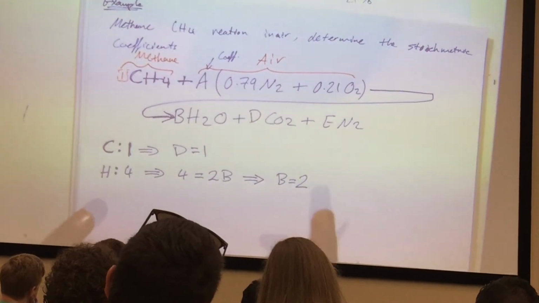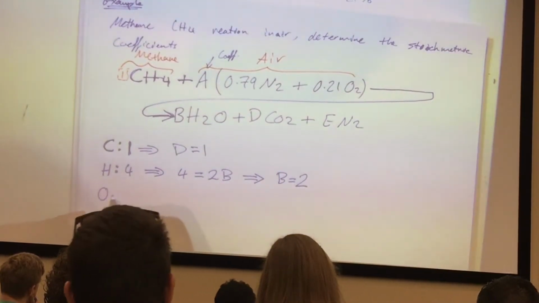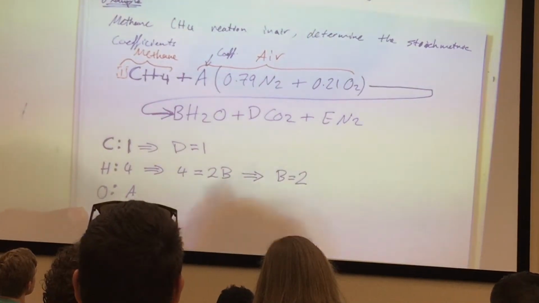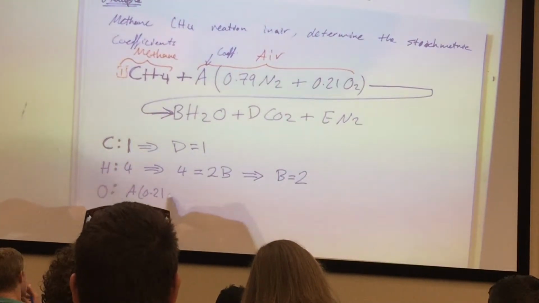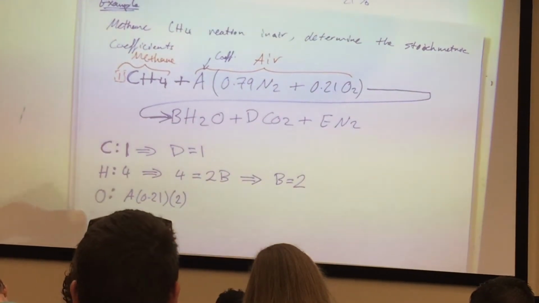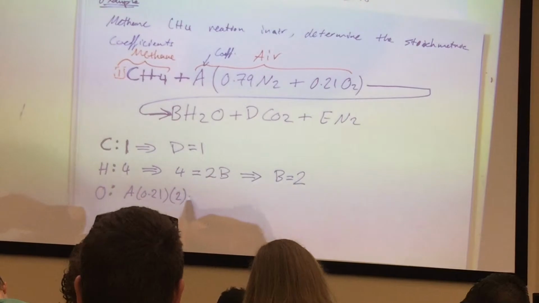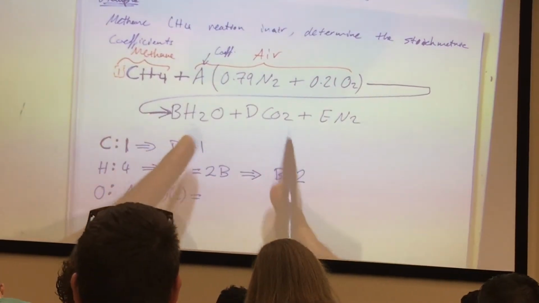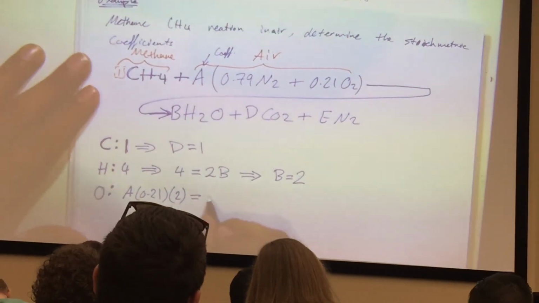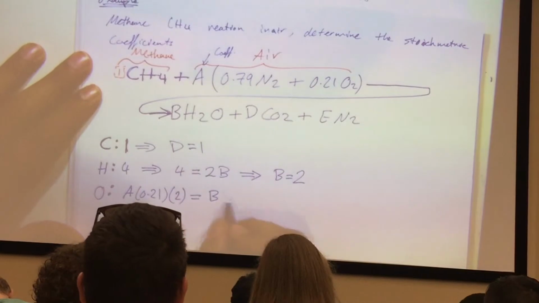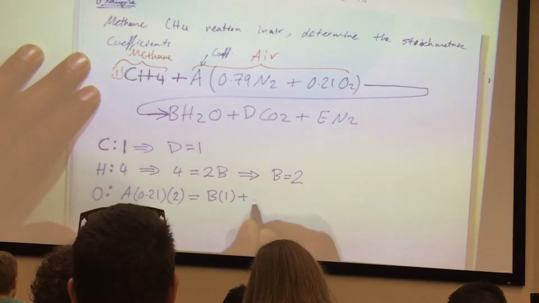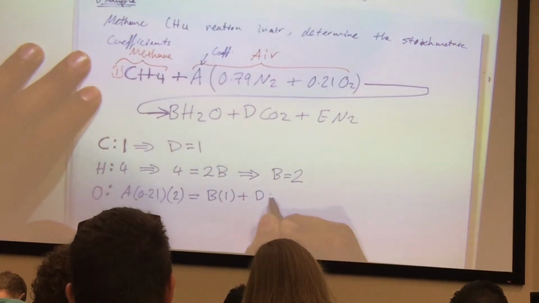Very good. All right, so now what do I have left? So I've gotten that, oxygen. How do I get oxygen? Well, it's A multiplied by 0.21 multiplied by 2 moles of oxygen, is equal to, now I have 2 oxygens here. It's a linear equation, so I'll say B multiplied by 1 plus D multiplied by 2.